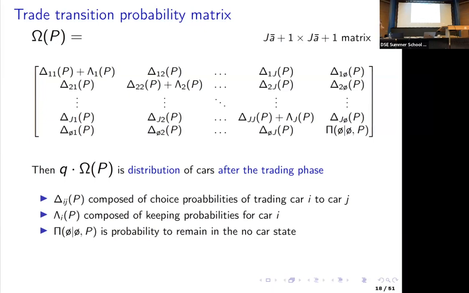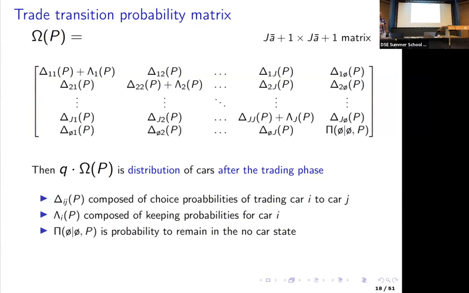And you would agree that this is nicely block structured, and you can see that on the diagonal there's a sum of two blocks. These different matrices take into account the fact that some cars are not traded; they're being kept. This is the capital lambda blocks.